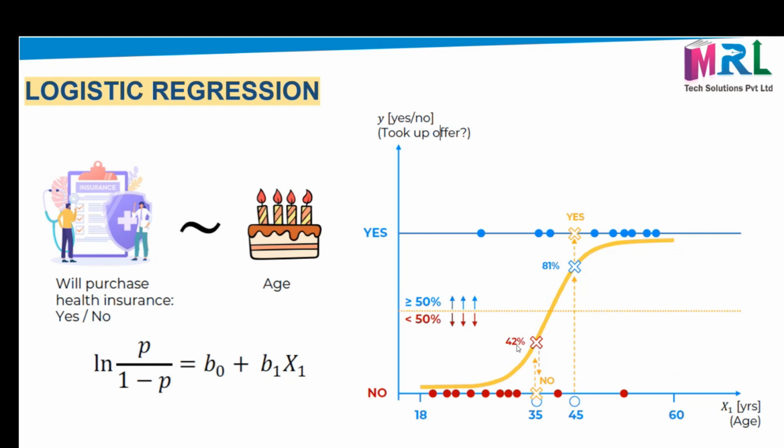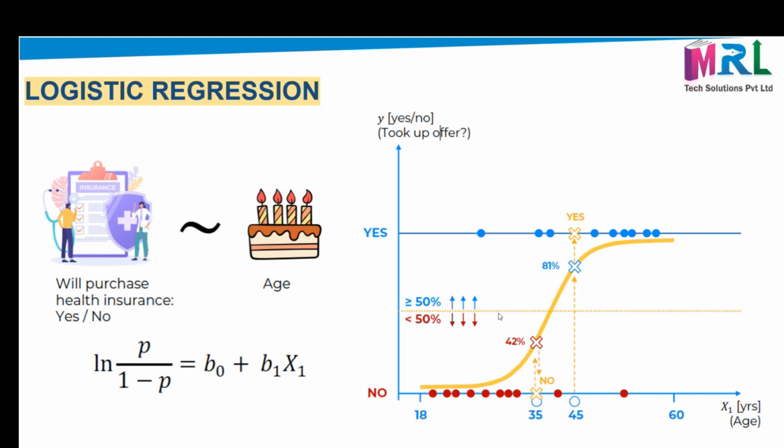So with 42% probability this person will purchase the health insurance. That is the meaning of this. And around 45 years of age, the probability is 81% that this person will purchase the insurance.